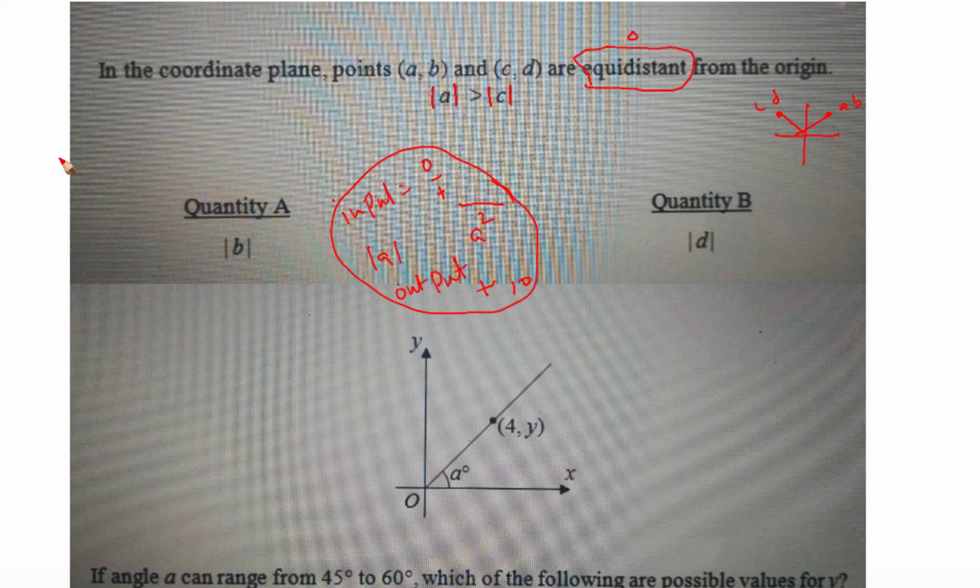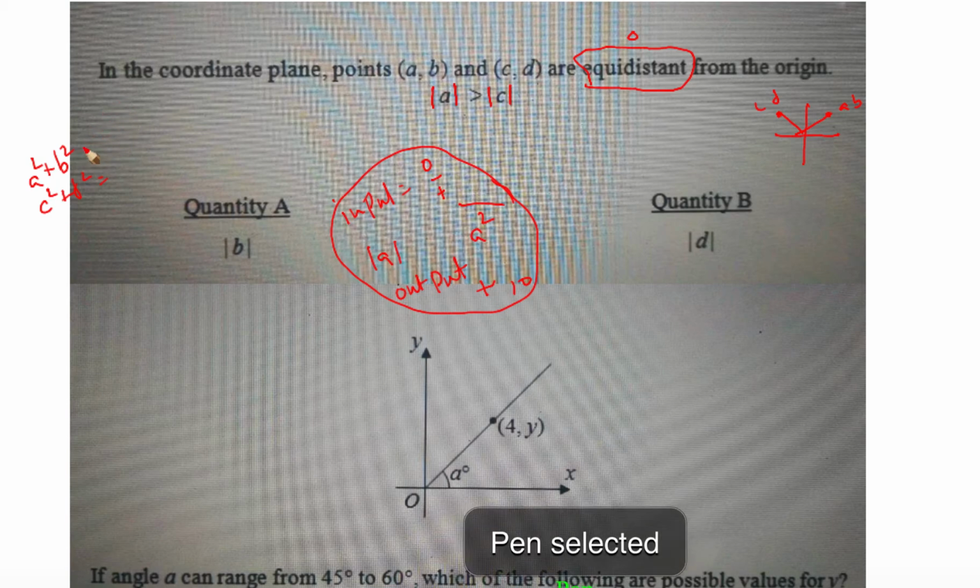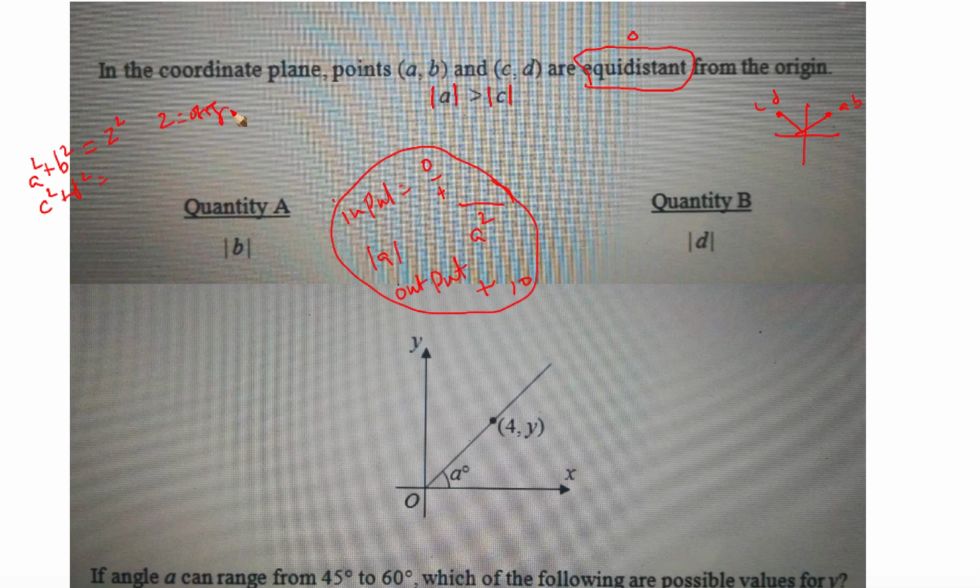I can say A squared plus B squared is equal to Z squared, where Z is the origin distance, and C squared plus D squared is equal to Z squared, because they are both equidistant. Now if we use this information, we can write A squared plus B squared is equal to C squared plus D squared.